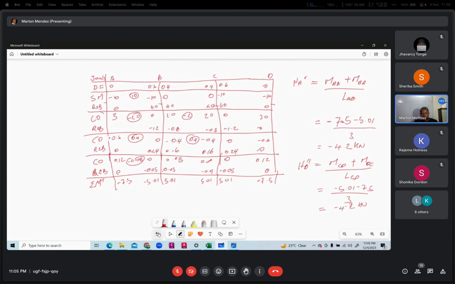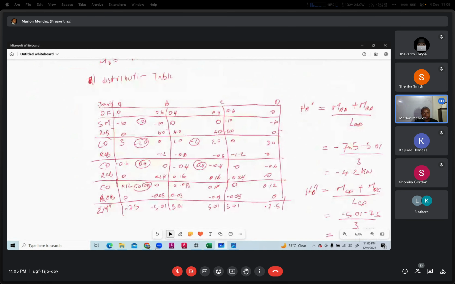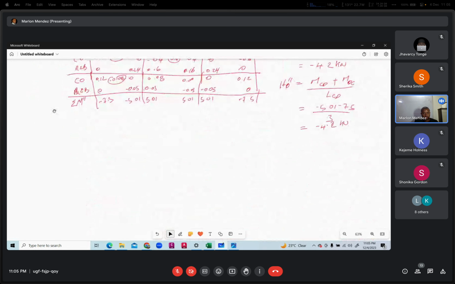So that is that. What we're going to do now is apply the correction factor. This, I think this was 2. So 3. So 3.